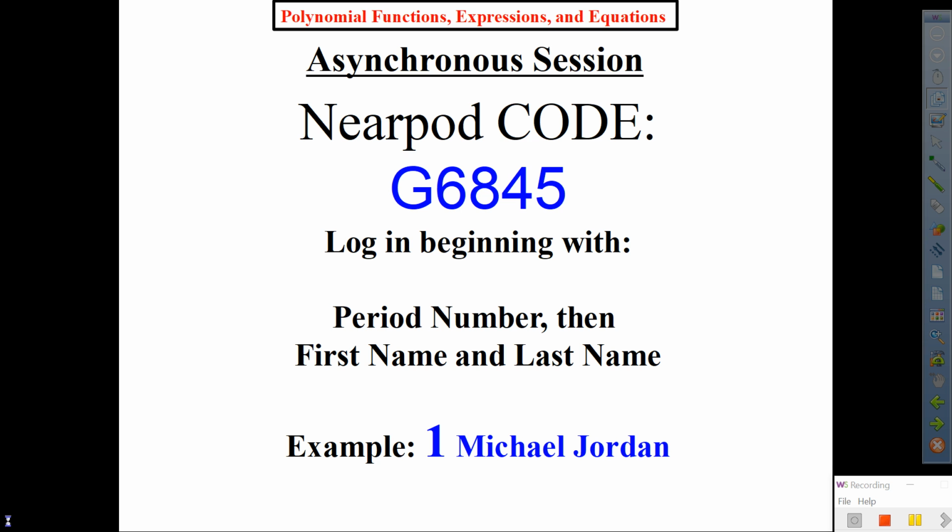Circle number 1, number 5, number 9, 10, 12, 14, 16, 19, and 21.